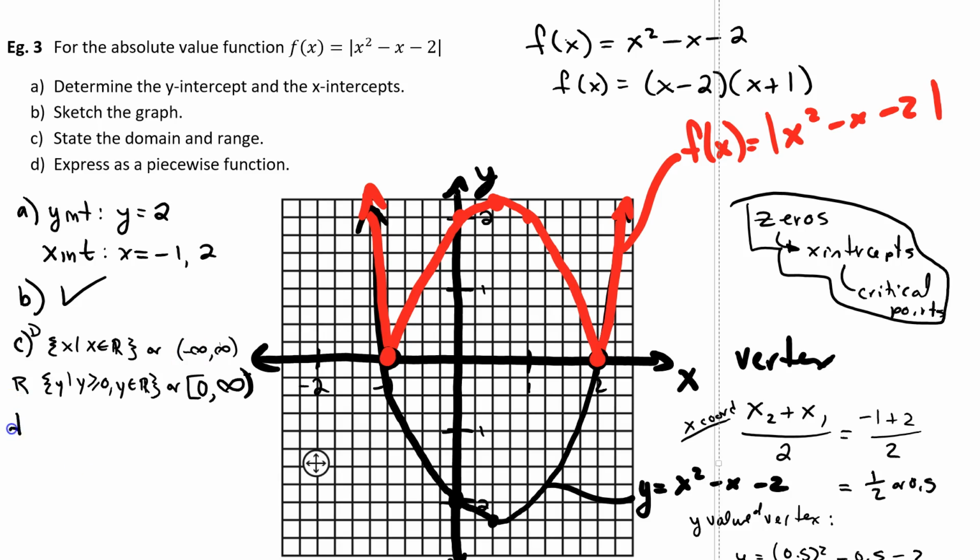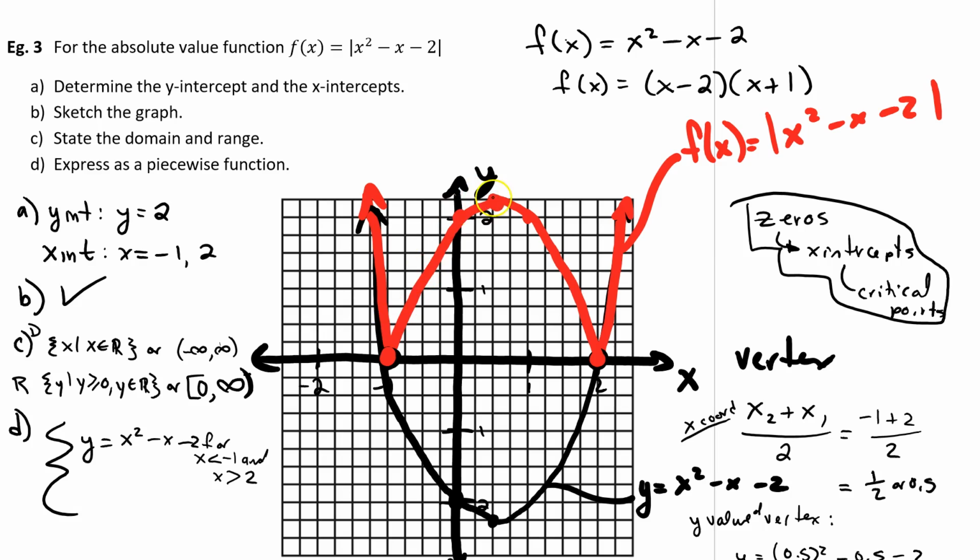And D, piecewise functions. So for this, y equals x squared minus x minus 2 for x less than negative 1 and x greater than positive 2.